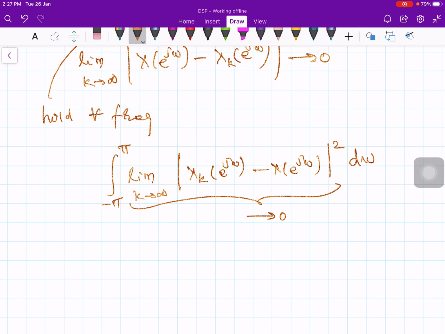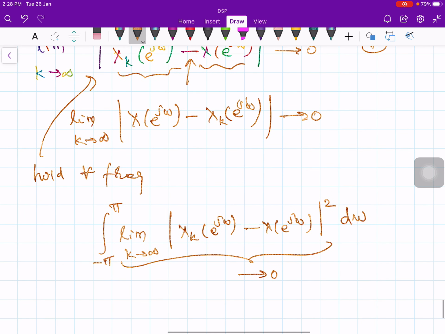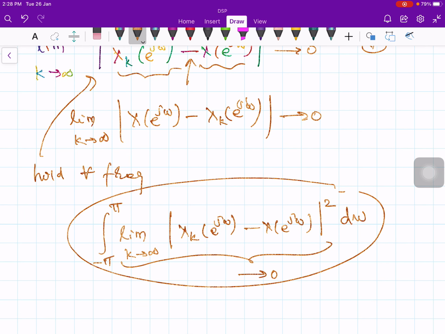First we said absolutely summable sequences have a DTFT, but it is only a sufficient condition. Then we said square summable sequences also have a DTFT, and the error criterion is this one: the error squared, that is the energy in the frequency domain, tends to 0 as k goes to infinity.